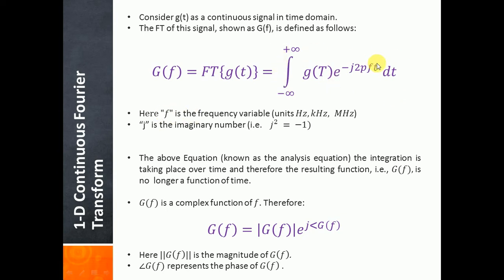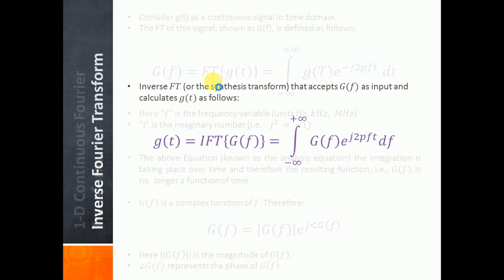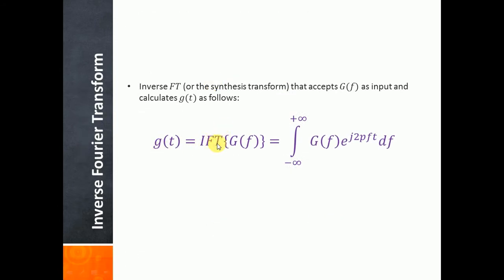F here is your frequency variable, hertz, kilohertz, megahertz, and j over here is your complex number or the imaginary number. This is called the analysis equation, in which you're taking the Fourier transform of the signal. Whereas if you take the inverse Fourier transform, this is called the synthesis equation.